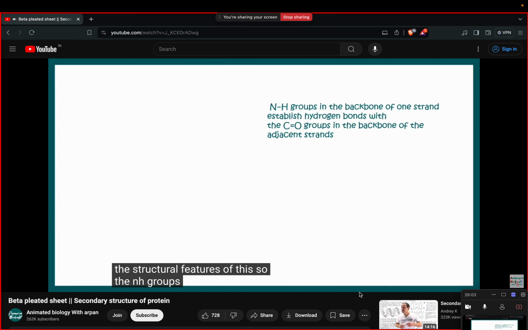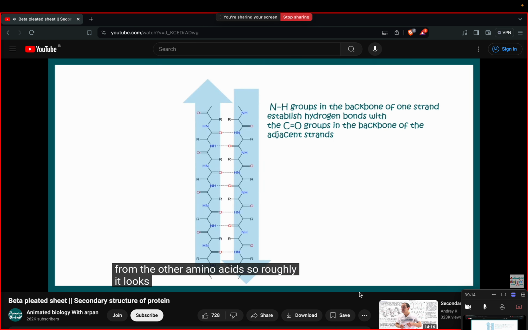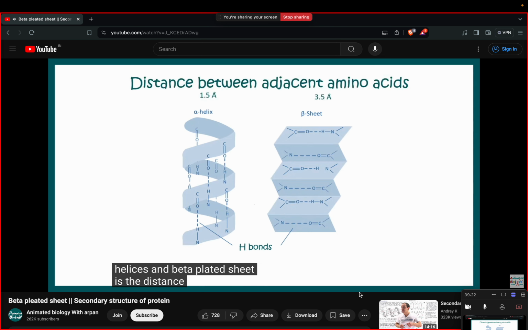The NH groups of the backbone form hydrogen bonds with the carbonyl groups from other amino acids. Roughly it looks like this. The biggest difference between alpha helices and beta pleated sheets is the distance between adjacent amino acids, which is 1.5 angstrom in alpha helices, whereas it is 3.5 angstrom in beta pleated sheets.